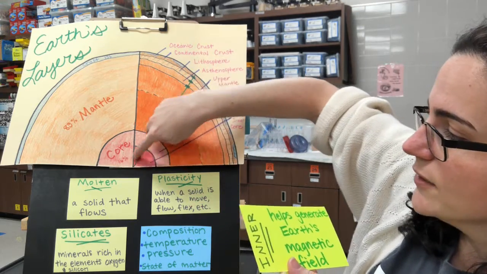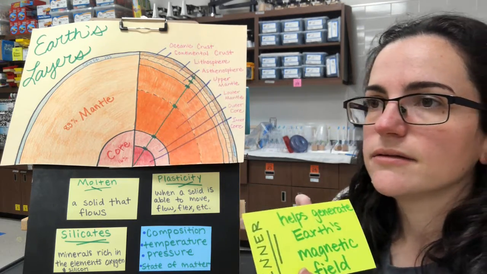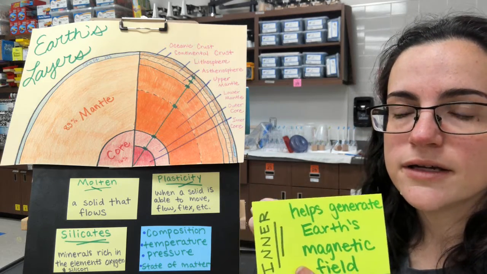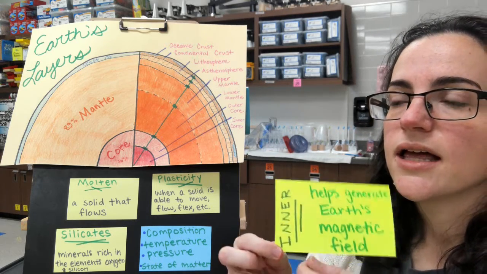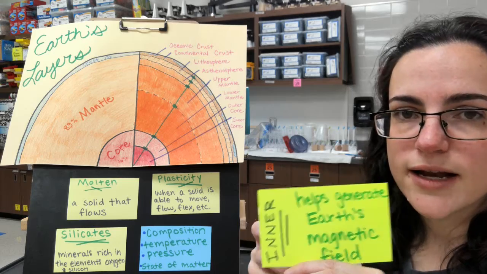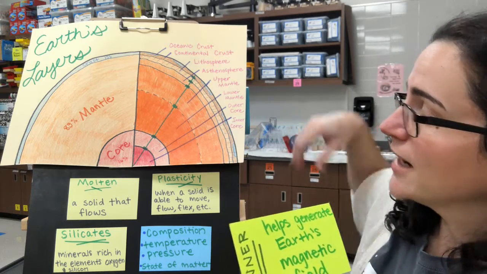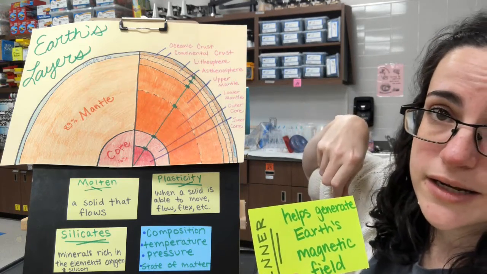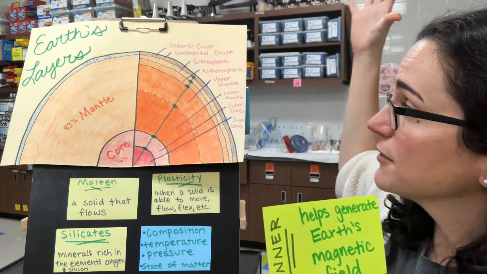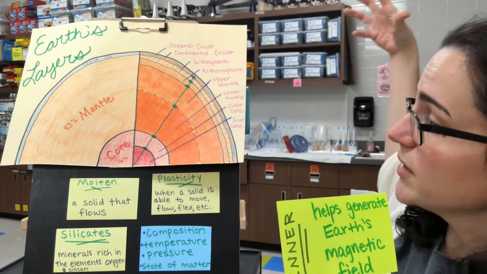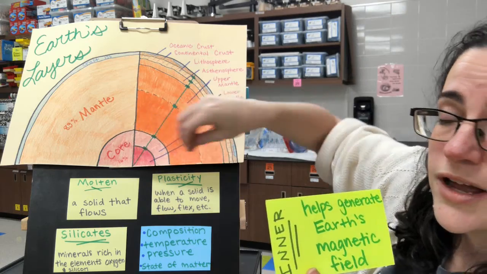And the inner core, because it's a solid of iron and nickel, that is what helps us generate our magnetic force around our planet. That's how we have gravity. Everything is coming into the core.